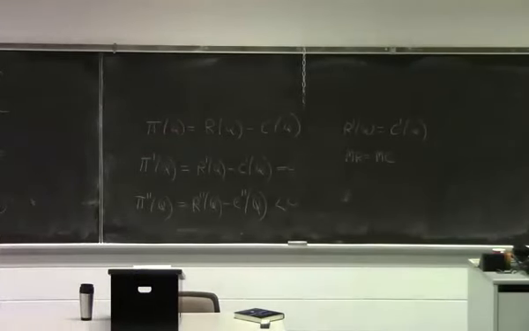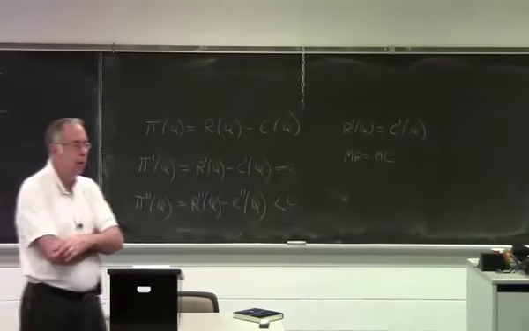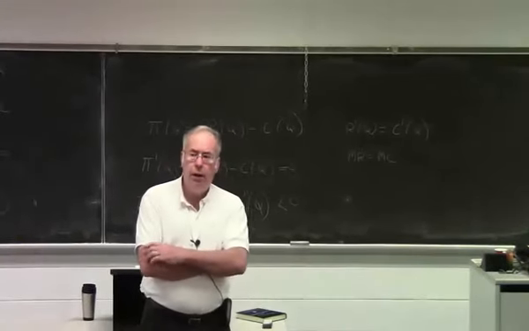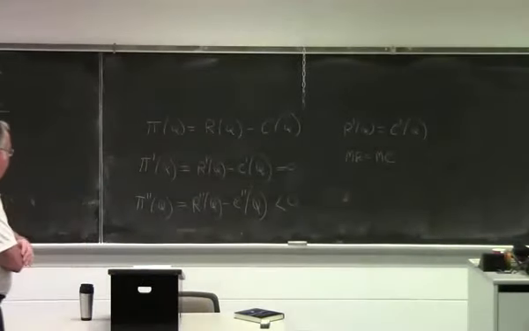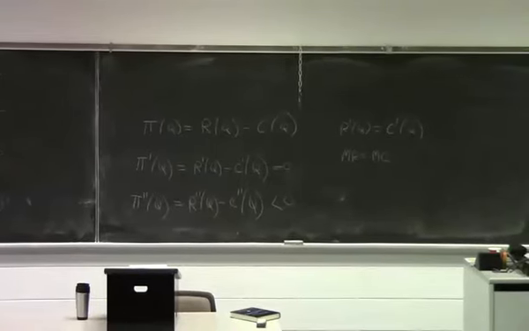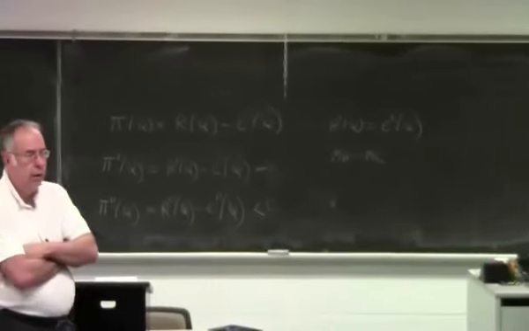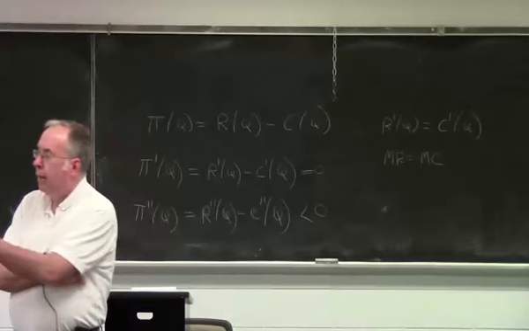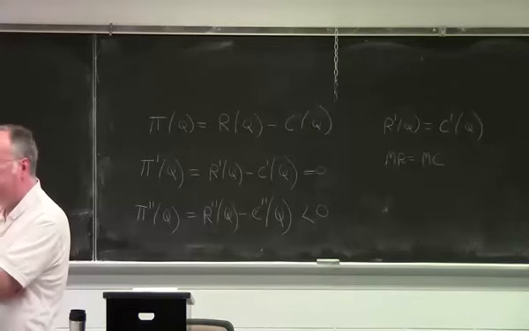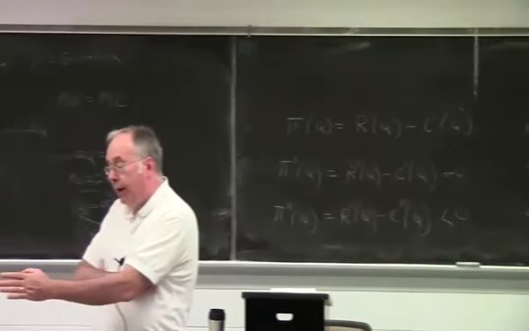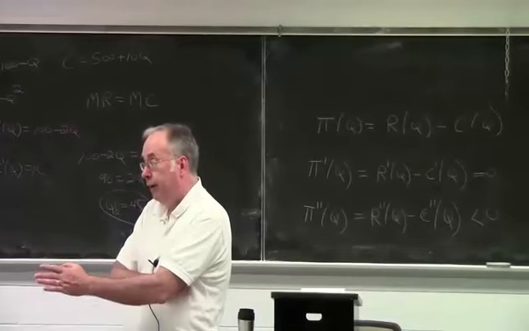So, what is R double prime of Q then? Let me back up. Geometrically, what is R prime of Q? The slope of the revenue function. What about R double prime of Q then? If R prime of Q is marginal revenue, then R double prime of Q is the slope of marginal revenue.